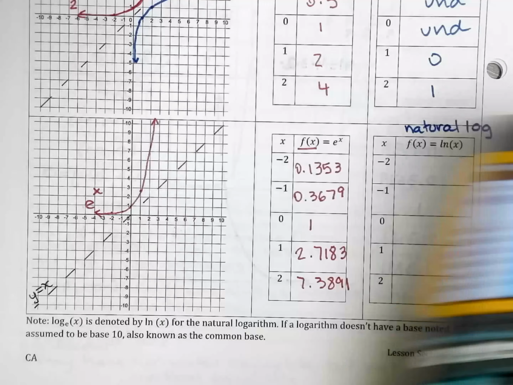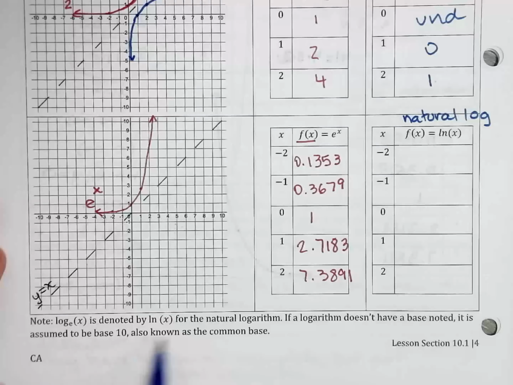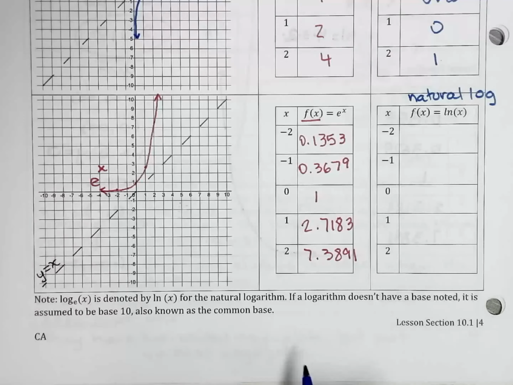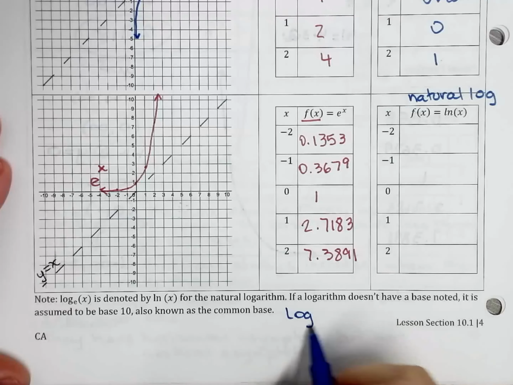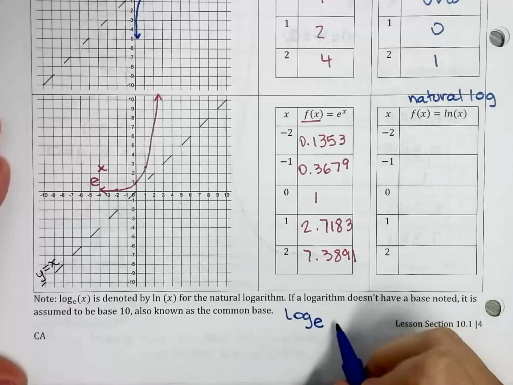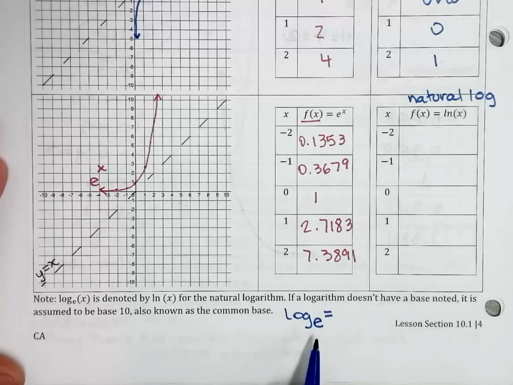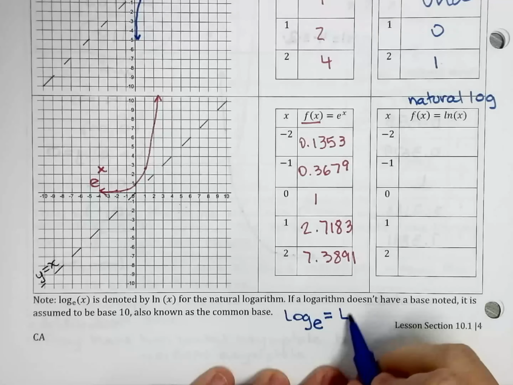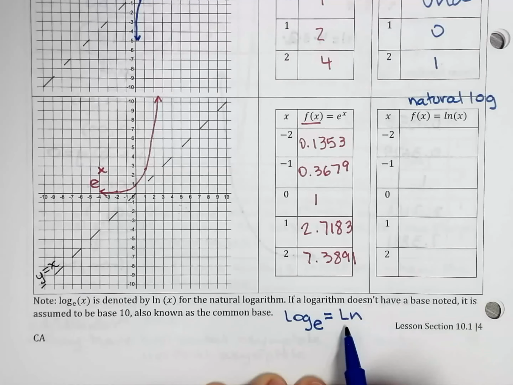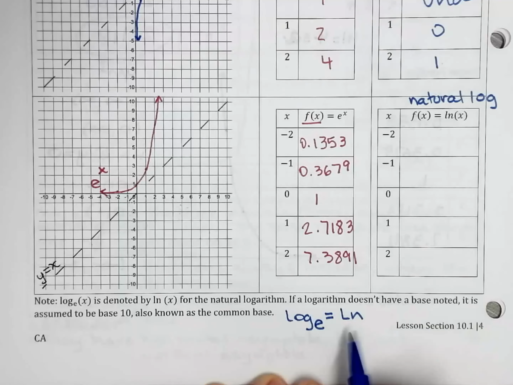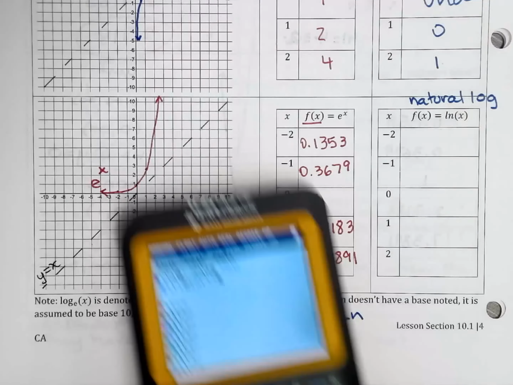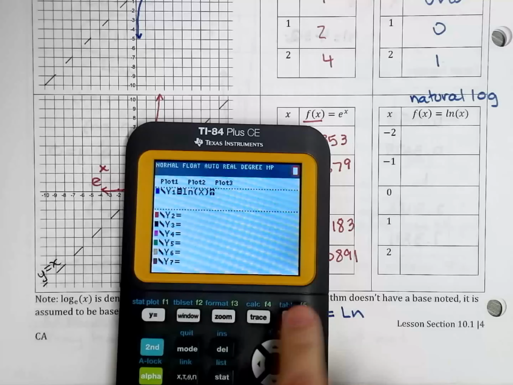Natural log is all a log base e. If it doesn't say anything, the base is 10. But natural log, you already know that it's log base e. I write it in capital letters so you don't tell me it's "in". And I do expect you to know that it's called natural log. Okay, natural log of x.